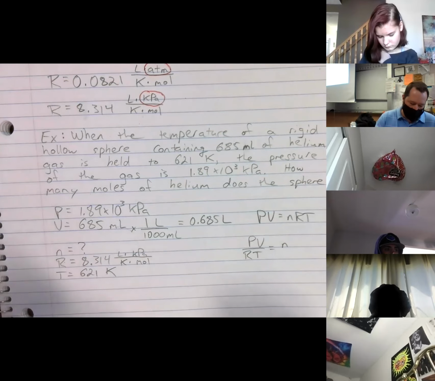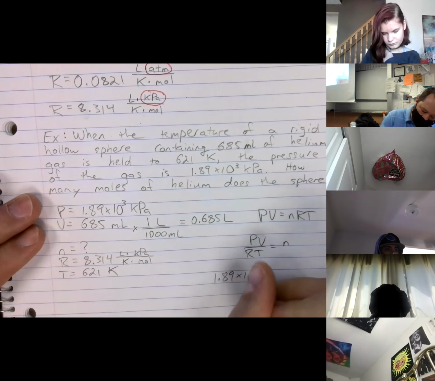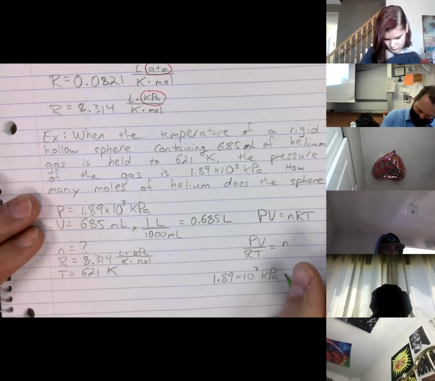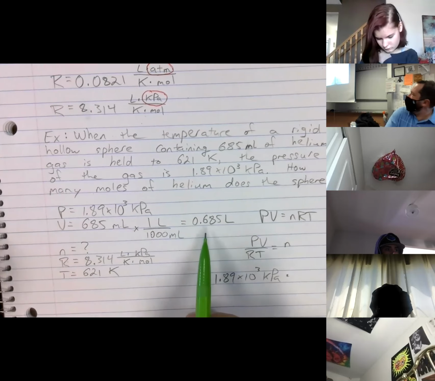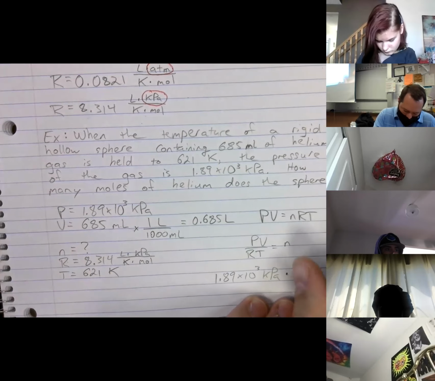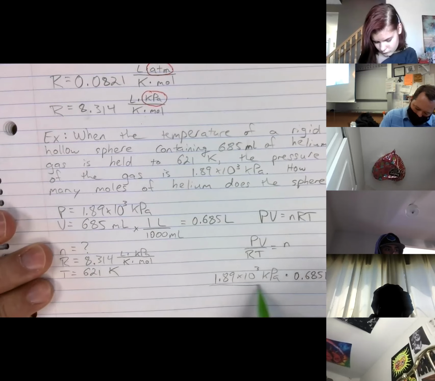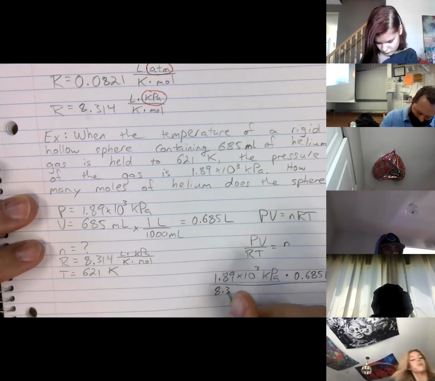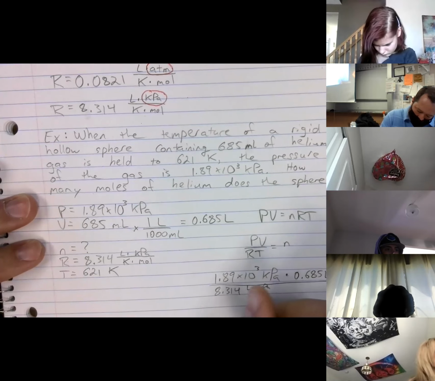and eventually solve. So my pressure, 1.89 times 10 to the third kilopascals times 0.685 liters divided by my R value, which is 8.314 liters times kPa over K times moles.